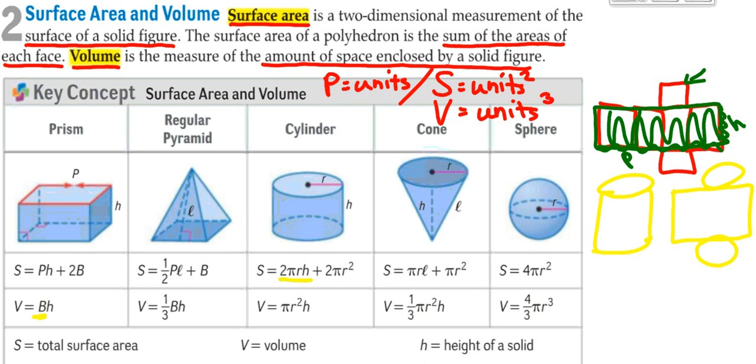So this dimension along here is really going around that circle, and that is the circumference of that circle. And circumference is 2 pi r. So we really take this as the circumference of the circle times the height of the cylinder, and that gives us the area of that kind of soup can label. And then pi r squared is the area of a circle. When we multiply that by 2, we get kind of both of those as we go.